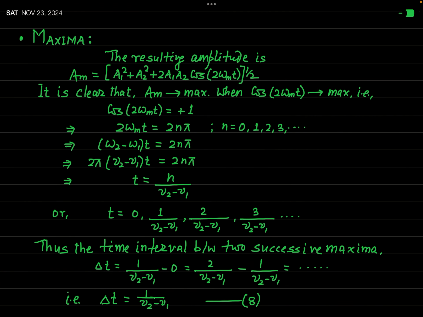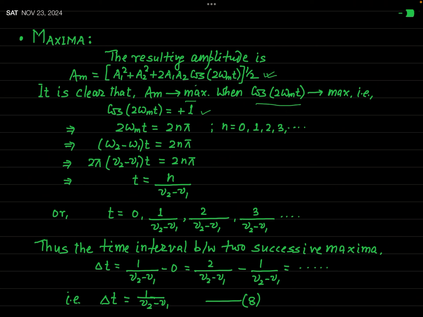So you can see I have written the resulting amplitude AM, which has been defined like this. AM will be maximum when cos of 2 omega m t is maximum. And what is the maximum value of cos 2 omega m t? This is equal to plus 1.